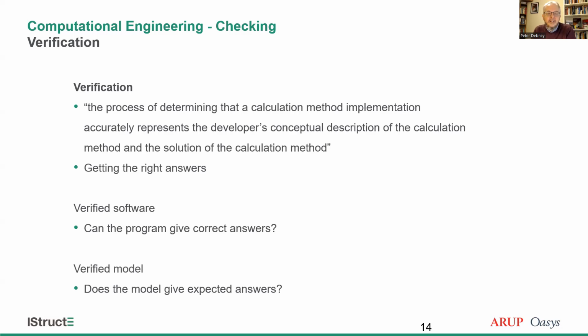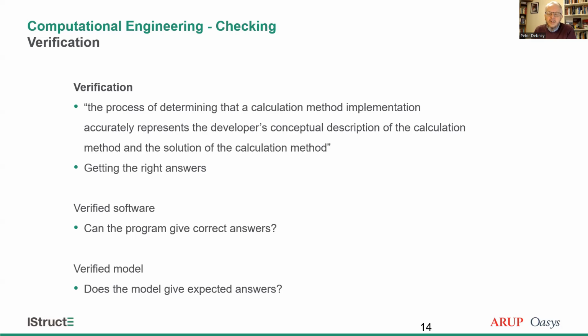And verifying the model: does the model give you the right answers? Which is a curious thing to think about, because we're building the model to give the answers, but we also, as engineers, should have a very good idea of what the answers should be, at least approximately. Maybe not full detail, but a very good idea.